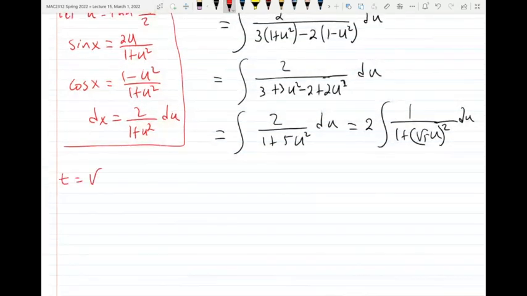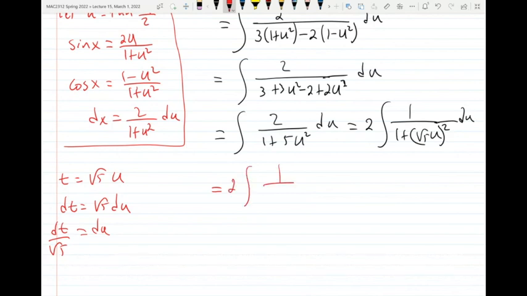So this would be 2 times the integral of 1 over 1 plus the square root of 5 u, squared. If I let t equal the square root of 5 times u, then dt is square root of 5 du, so du is dt over square root of 5. So this is 2 times the integral of 1 over 1 plus t squared dt over square root of 5.